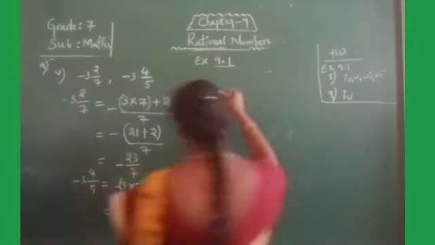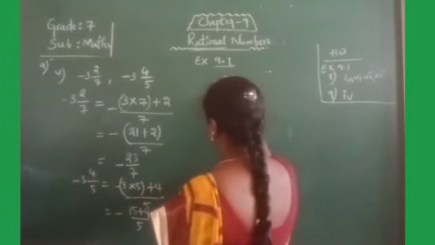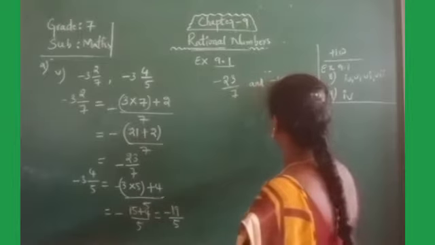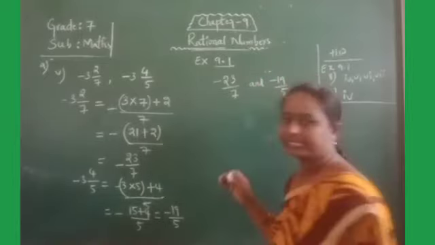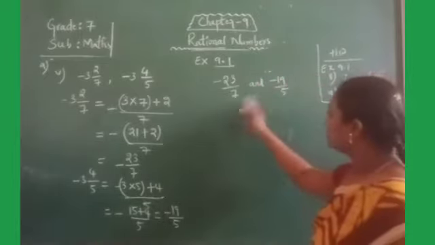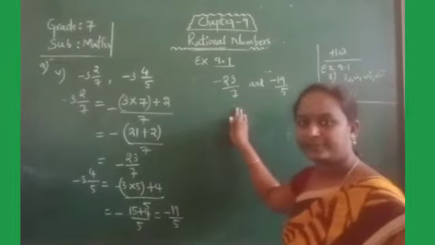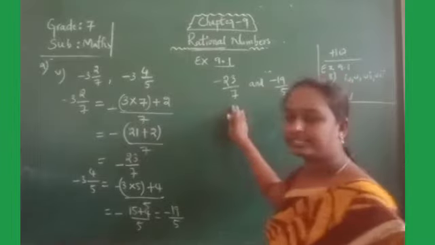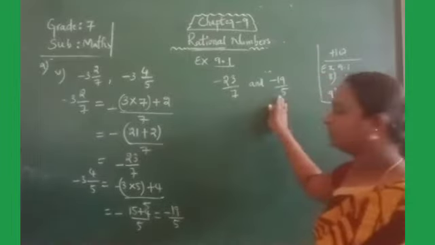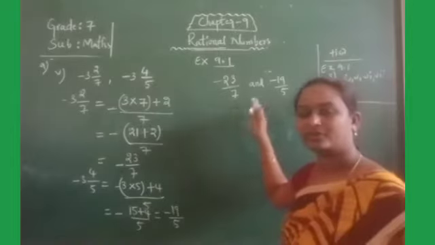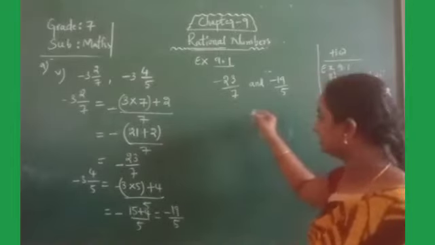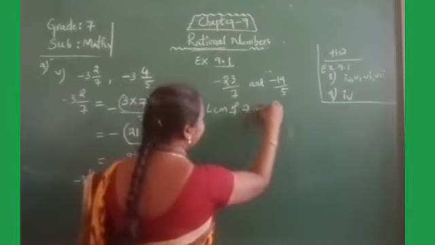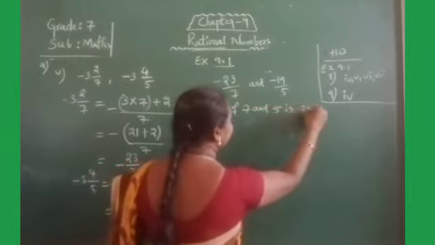Now we have two improper fractions: minus 23 by 7 and minus 19 by 5. Tell me, do these two have the same denominator? No, the two rational numbers have different denominators. That's why we have to convert them into like fractions. Then what is the LCM of 7 and 5? It is 35.